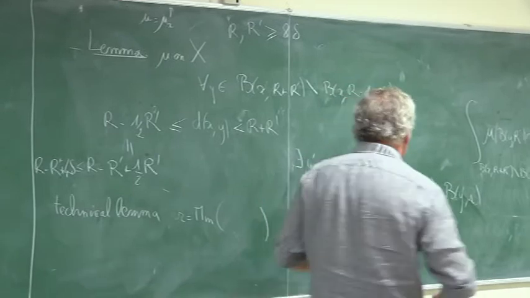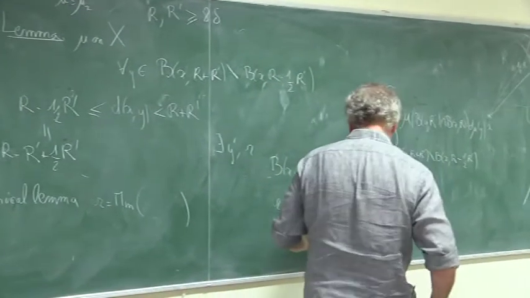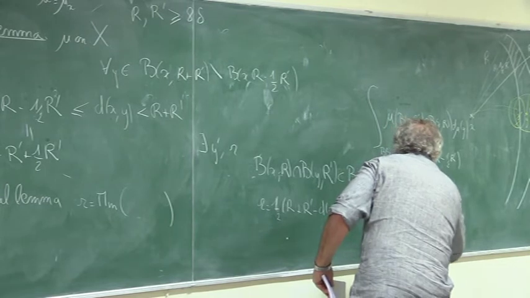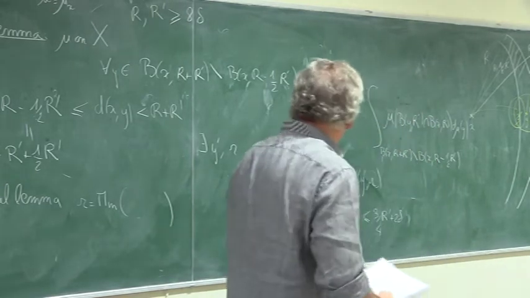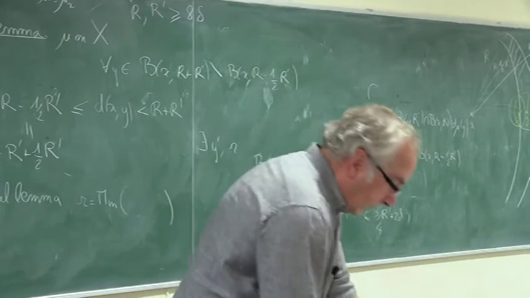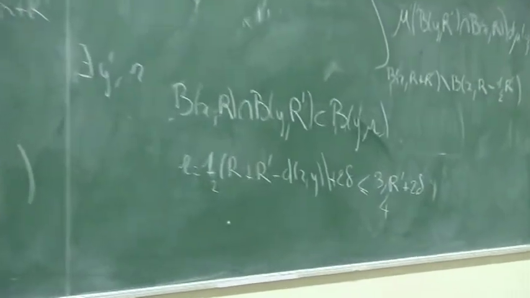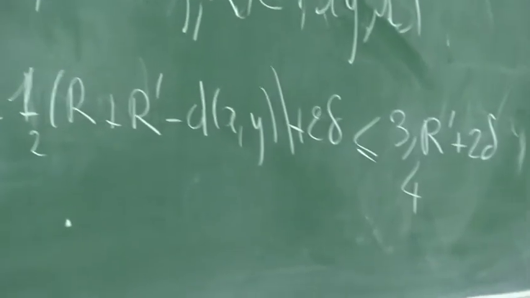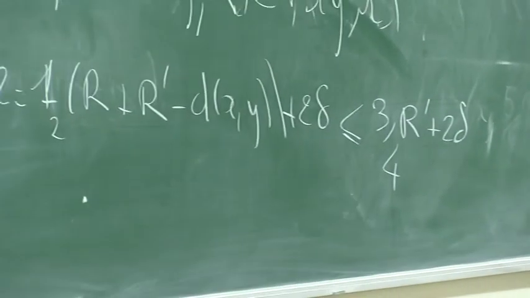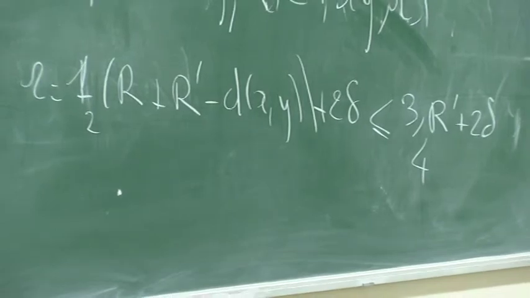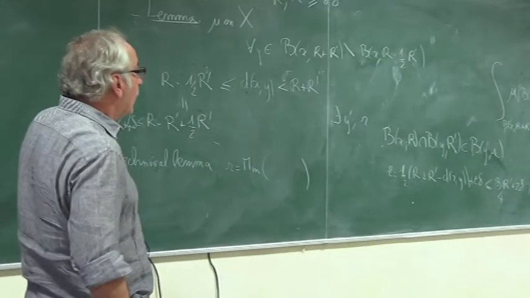Right. So this is what I've written on my paper, that this is less than 3/4 of r' plus 2 delta. Is that correct? Yeah. Okay. The distance comes from this, so you replace this distance. There is a minus sign by this, so the r will cancel.